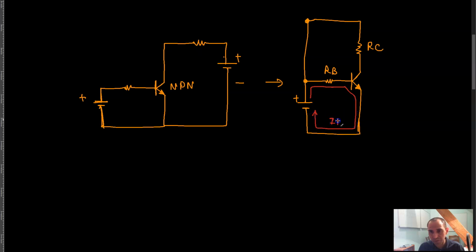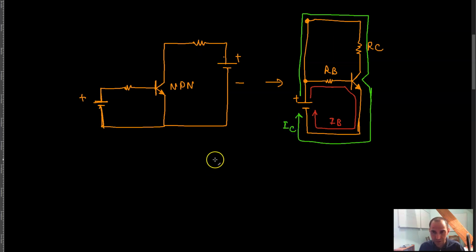This is your I of B. And then your collector current goes from the power supply through this resistor, and then through the transistor back out of the emitter, and then back here to the power supply. So this is your I of C, right? That's how the current is flowing in your circuit.